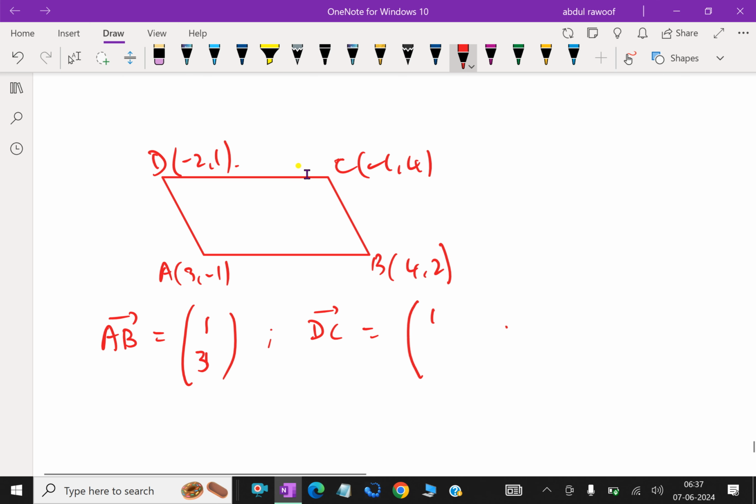Then DC is equal to minus 1 minus of minus 2 is 1 and 4 minus 1 is 3.